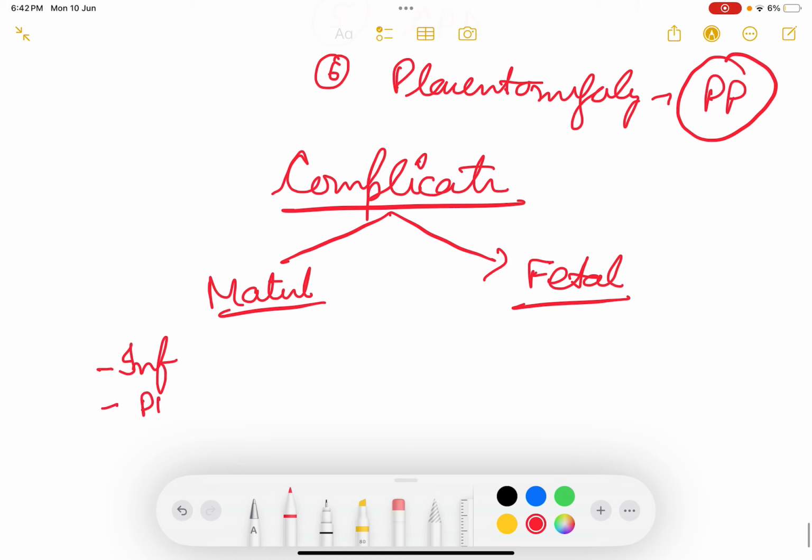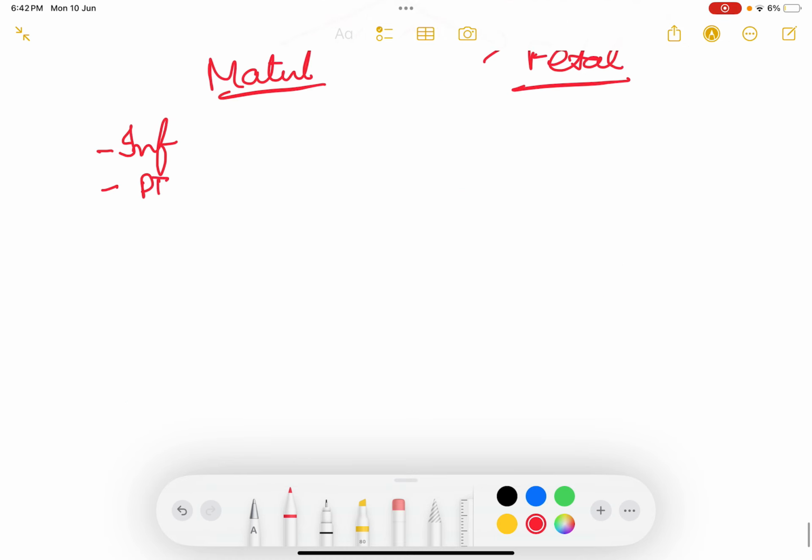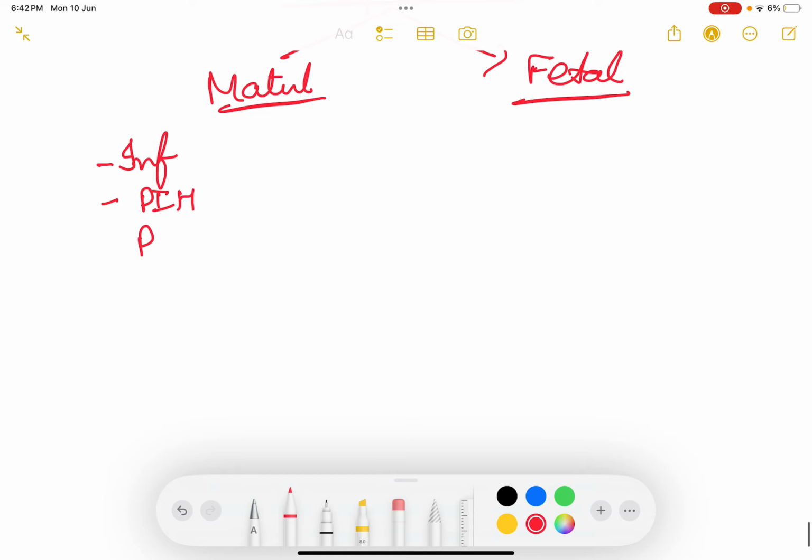Then pregnancy induced hypertension. There can be concomitant preeclampsia in pregnancy. Then you can have other complications like polyhydramnios. Polyhydramnios can lead to PPROM because rupture of membranes can occur. Then later on in life, the patient can develop type 2 diabetes mellitus also.